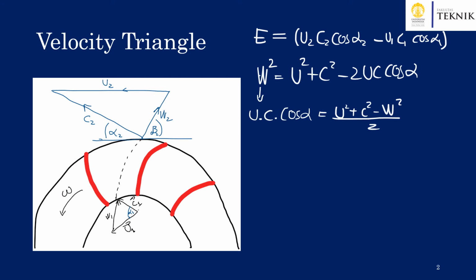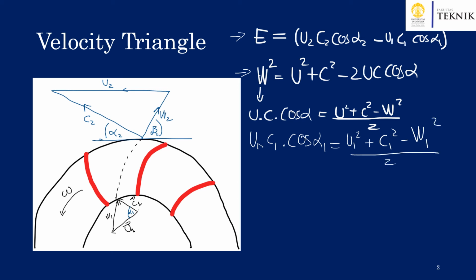Now that we have the Euler head, by using the cosine rule we can rearrange the equations, and then for the inlet conditions, u1 multiplied by c1 multiplied by cosine of alpha 1 is equal to u1 to the power of 2 plus c1 to the power of 2 minus w1 to the power of 2, divided by 2.